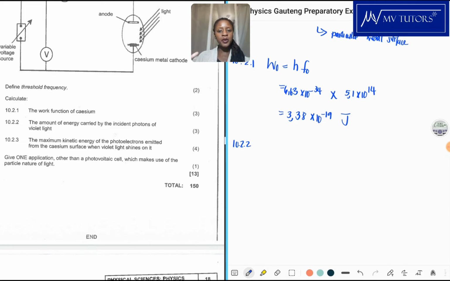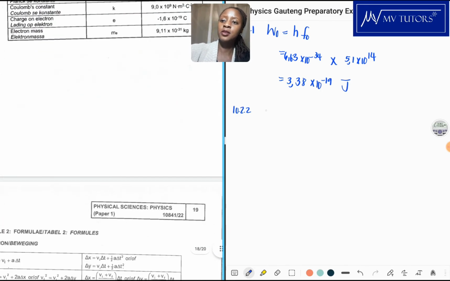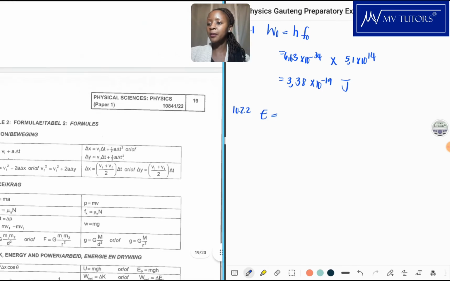Remember, the threshold frequency is enough to just emit the electrons from the metal surface. But for those electrons to start moving, because just emitting them means you've opened the door and they are out, we need energy to start walking or running. So now we're going to calculate that amount of energy carried by the incident photons. Let us go and get the energy formula. So E is equal to something.